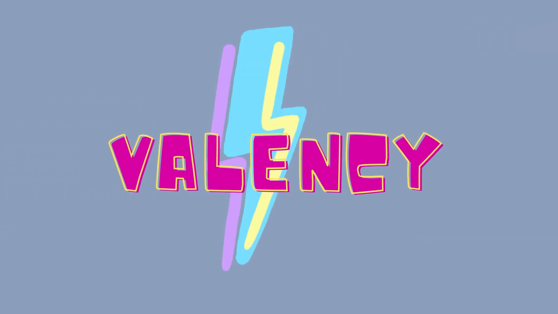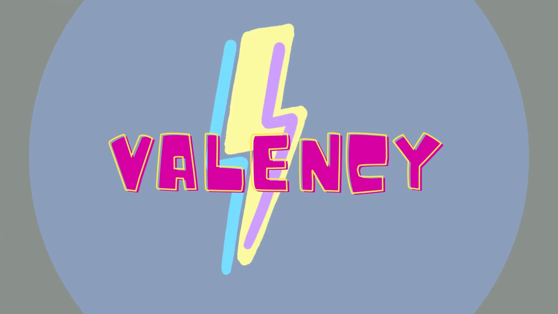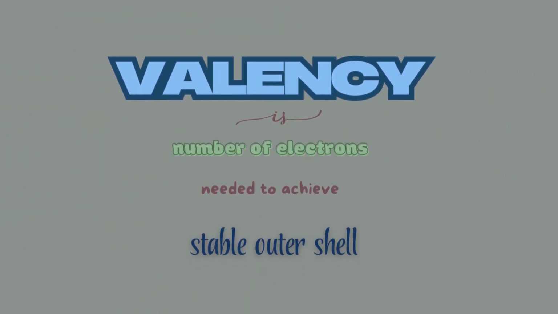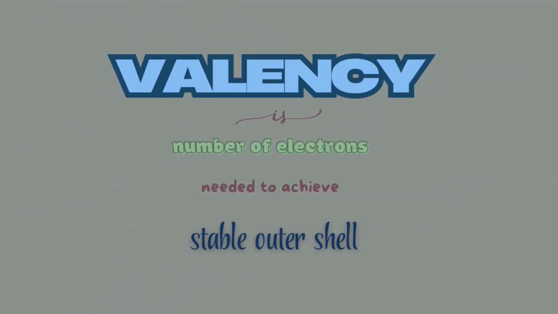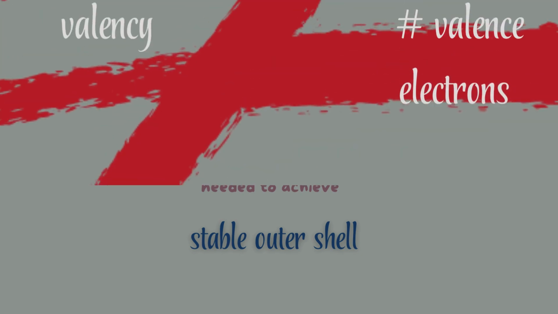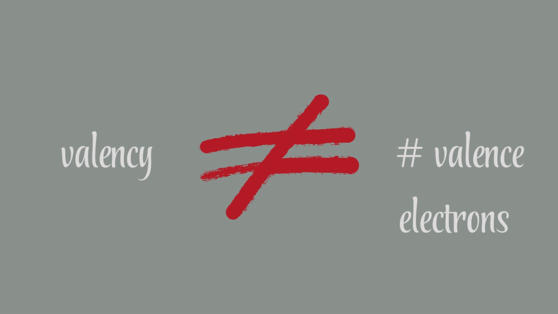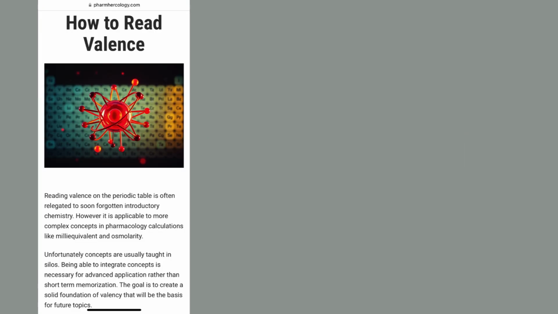This is valency. Valency is simply the number of electrons an atom needs to gain, lose, or share to achieve a stable outer shell. Please note that valency is not the number of electrons on the outermost shell. Those are valence electrons. This is a common mistake that is made and leads to a lot of confusion.